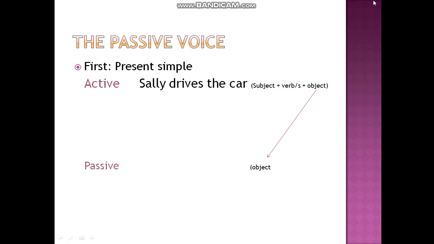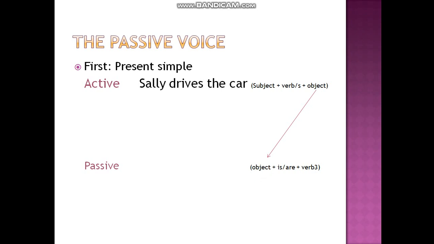So we take our object, we put it first in the sentence. So object plus is or are, you have to memorize this by heart. I'm just explaining how it turned to it. Plus verb 3. Okay, so the present simple passive form is object plus is or are plus verb 3. Why is or are? Because it depends on the object. Is my object singular?